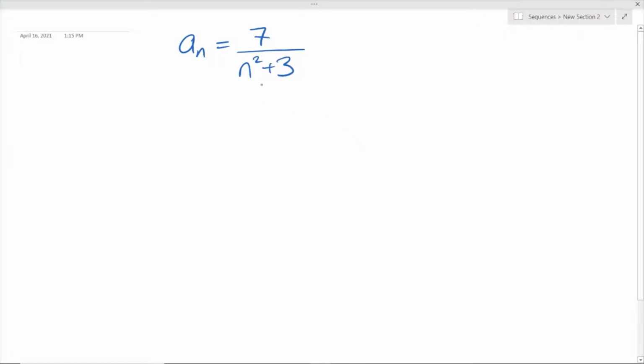So say we have a sequence that looks something like this, and we want to determine whether it converges or diverges. To do this, we evaluate the limit as n goes to infinity. This is our a_n, so we plug that in.